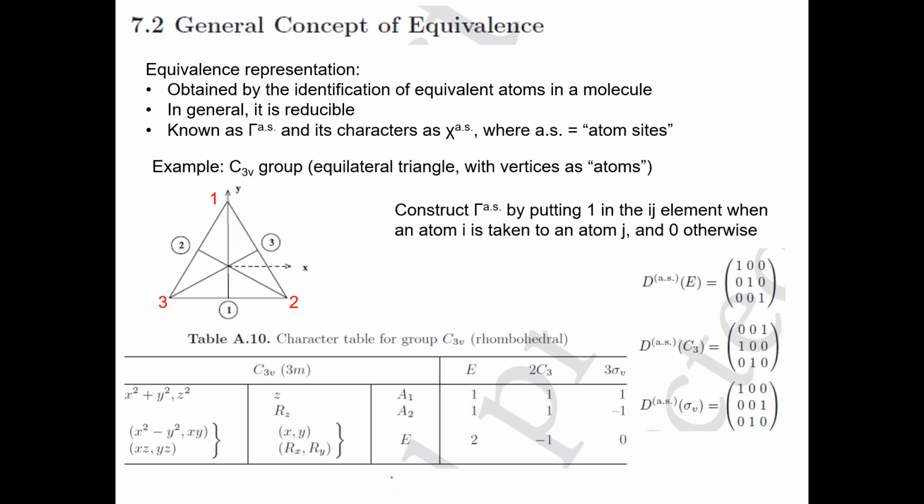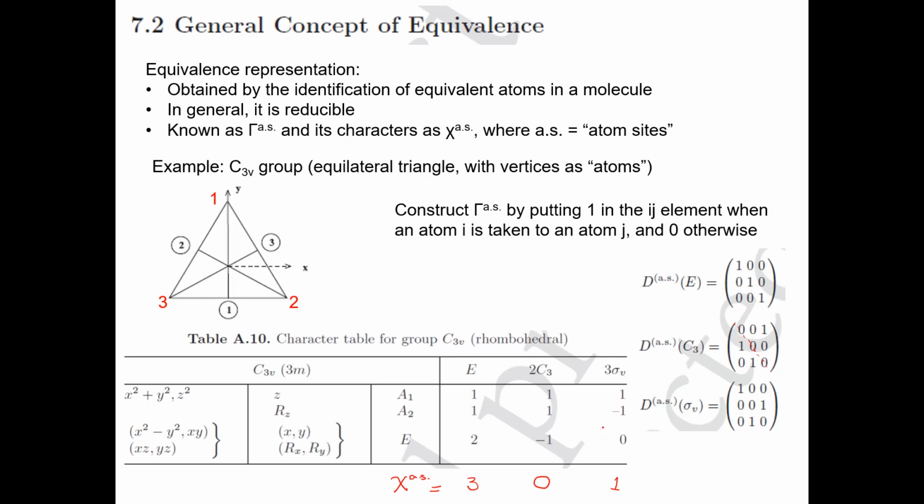So let me write here: chi atomic sites, chi AS, is equal to 3 for the identity. For the C3 it is 0, because the trace here is 0, and for both C3 operations all the atoms are moving. And for sigma v, this is 1, so 1 atom each time is unmoved by the 3 sigma v axes.